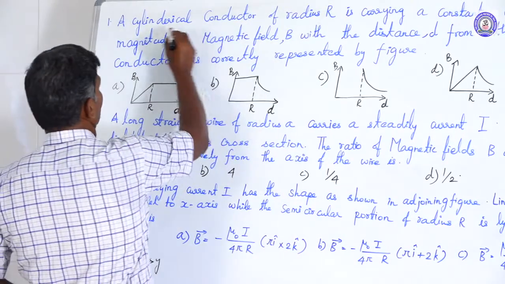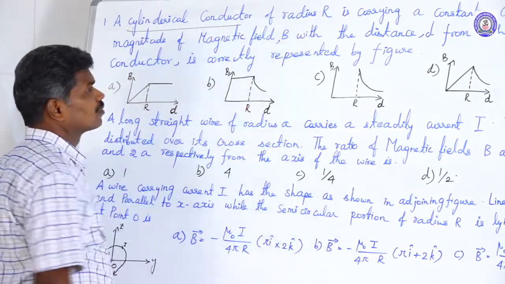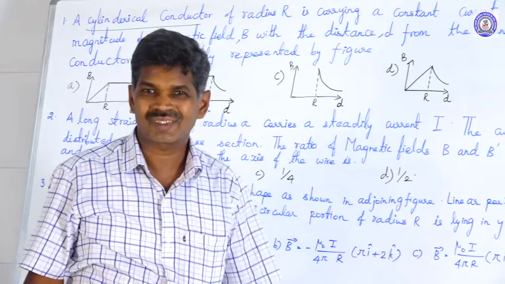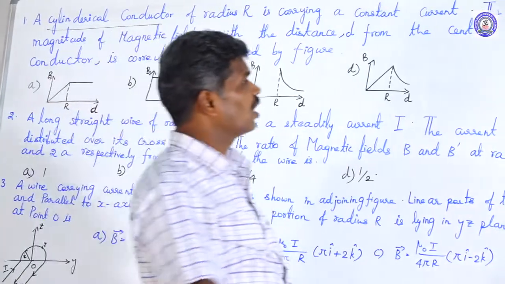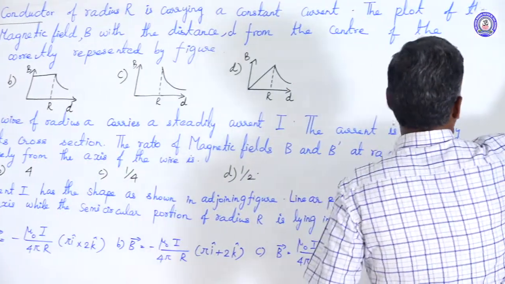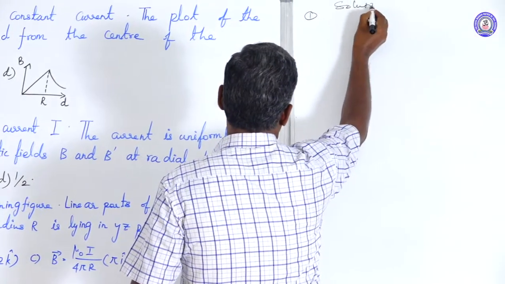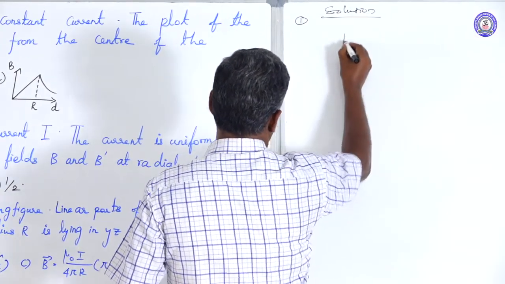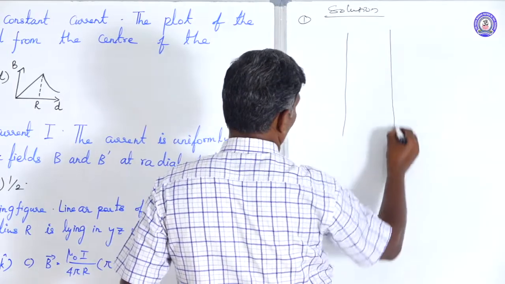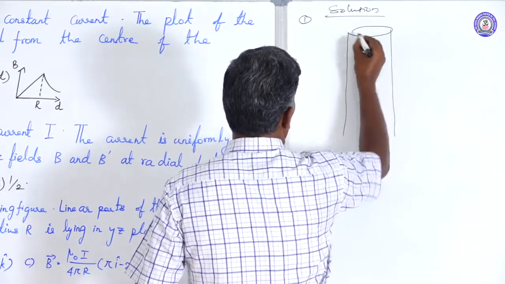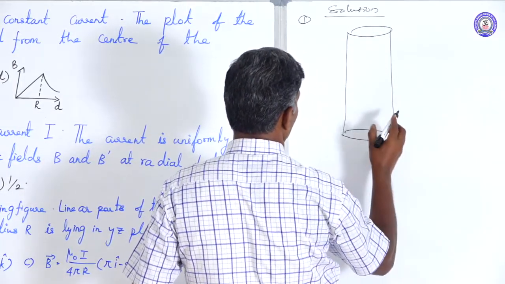The cylindrical conductor can be considered as a solid cylinder. We have already solved this problem. The conductor is a solid conductor in a cylindrical shape.